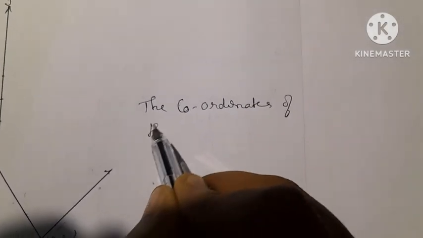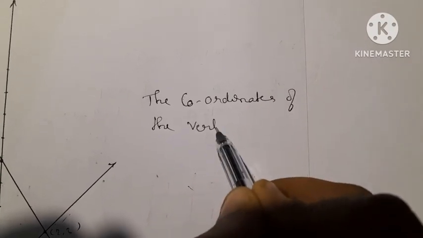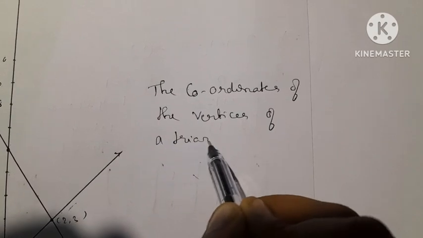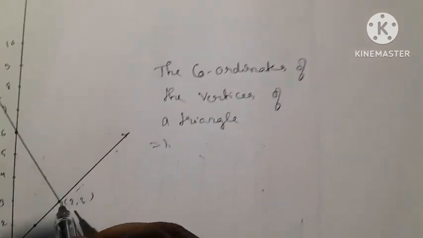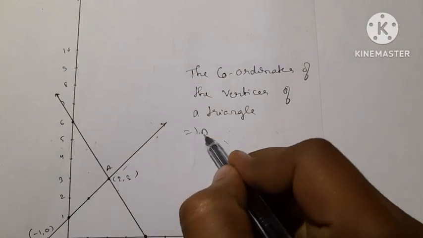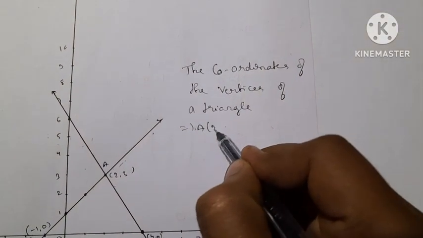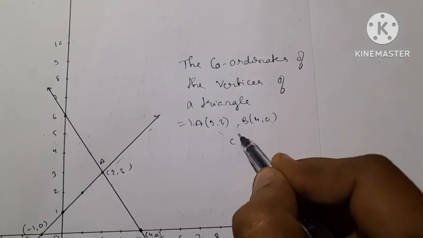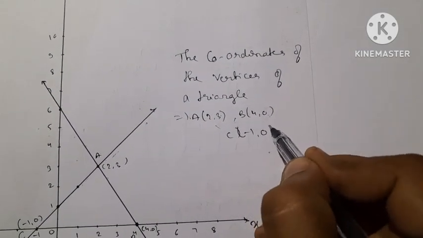So the coordinates of the vertices of a triangle, if we label them A, B and C, then A is 2, 3, B is 4, 0, and C is minus 1, 0.